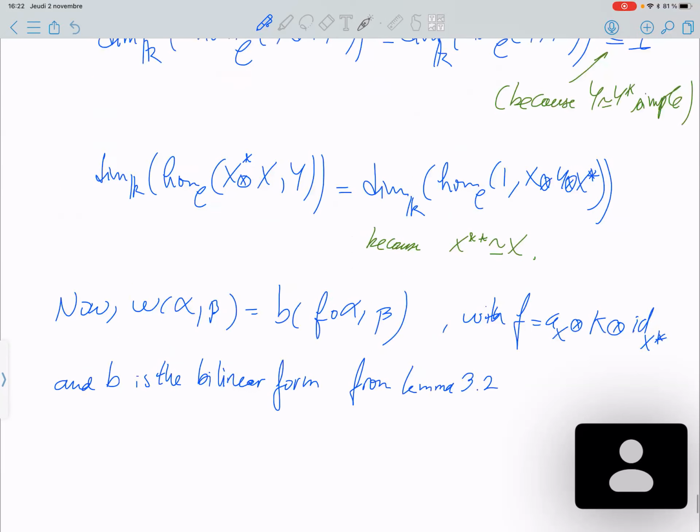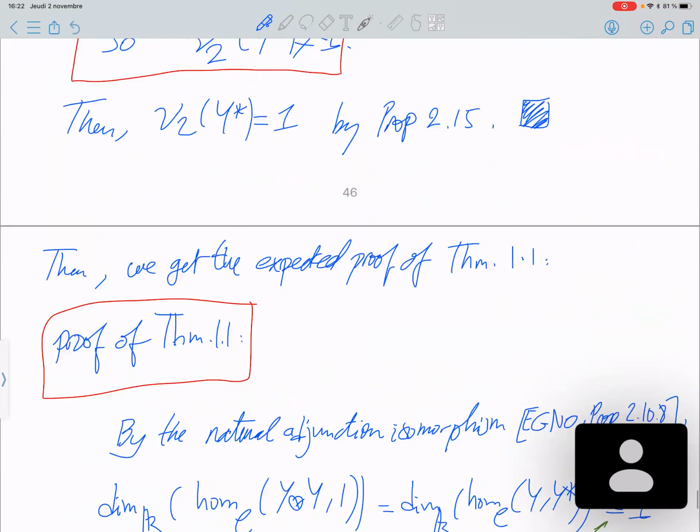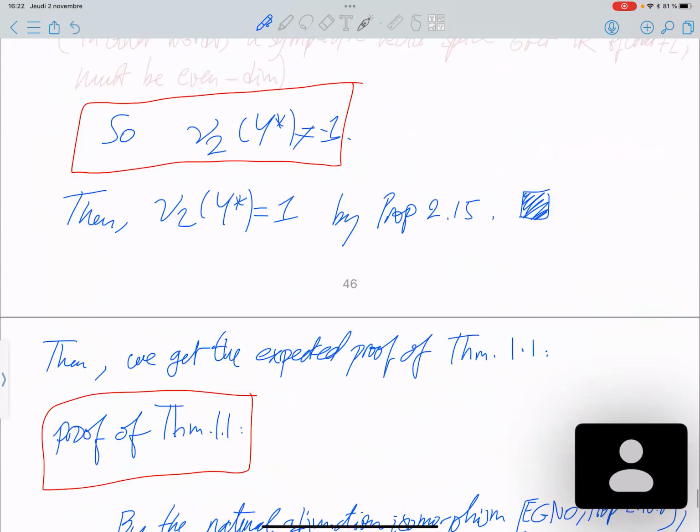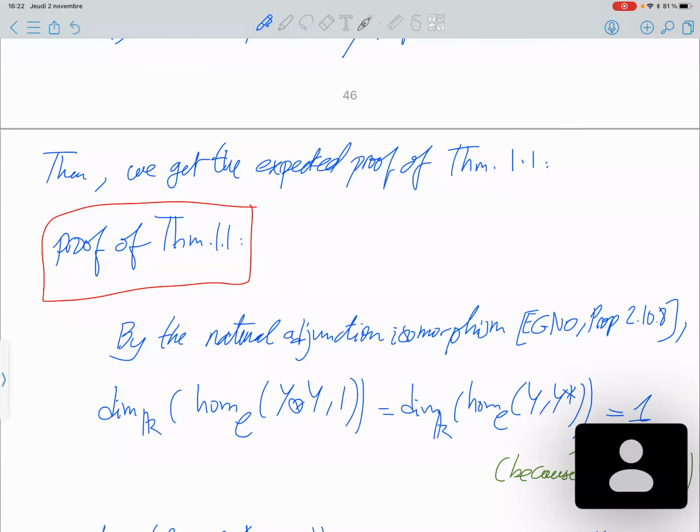But let me check again. So in 3.2, yeah, 3.2, we assume it to be a fusion category. So, in fact, form and map was okay. We don't need to fix that. In the fusion category, we always have End of one equal to the field. So it's really a form.